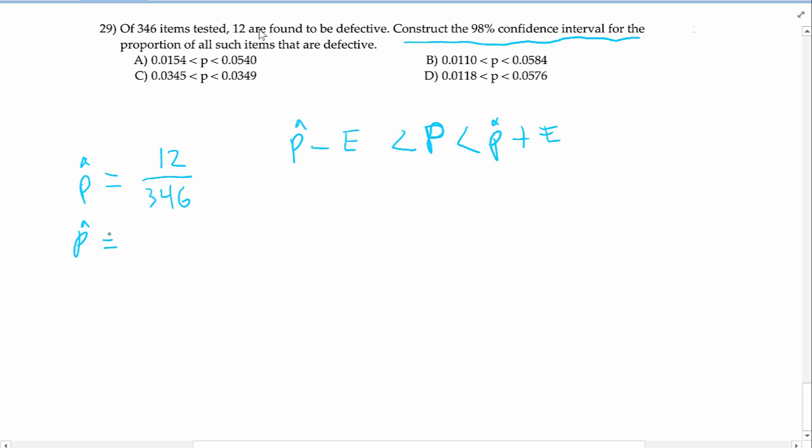It's not a large proportion. 12 divided by 346 is 0.347, so that is the proportion in the sample that are defective, about 3.4%. The proportion in the sample that are not defective is 1 minus this number, which is 0.9653.